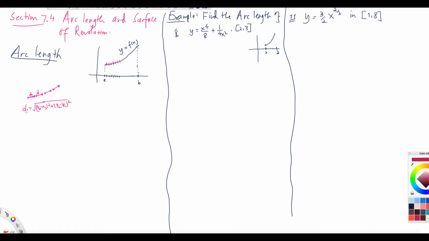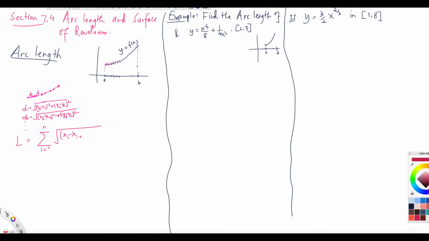The length of the second piece, d2, is the square root of (x3 minus x2) squared plus (y3 minus y2) squared, and so on. You continue that way. So if you add all these, the total length L will be the summation, i runs from 1 through n, of the square root of (xi minus x(i-1)) squared plus (yi minus y(i-1)) squared.